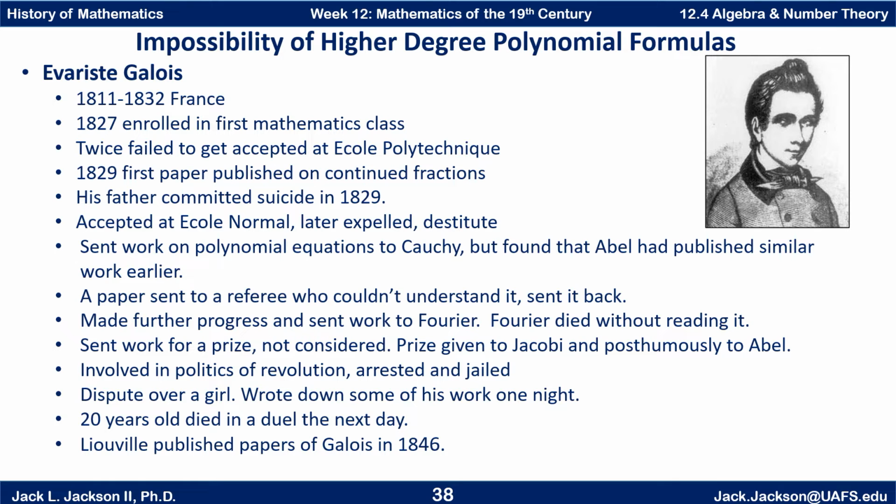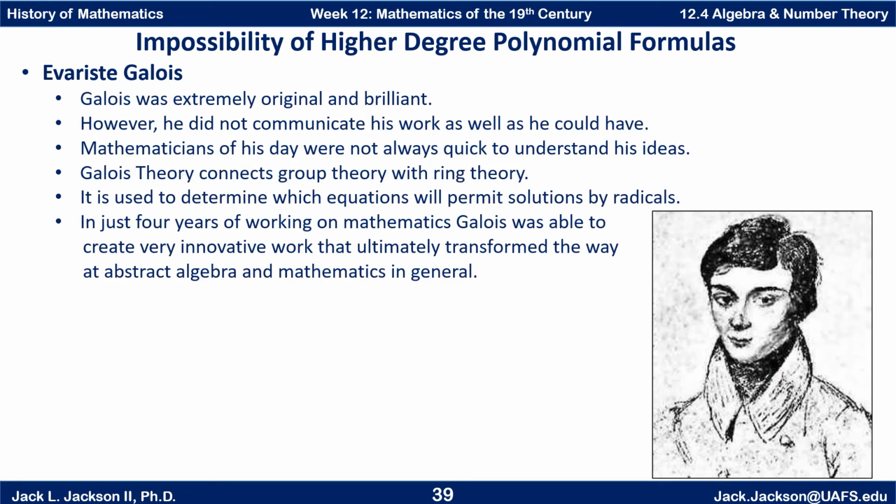Liouville eventually published the papers of Galois posthumously in 1846, 14 years after his death. And even then, it took a little while for people to figure out what he was talking about. But he was extremely original and brilliant. He didn't communicate his work as well as he could have, but mathematicians today were not always quick to understand his ideas.